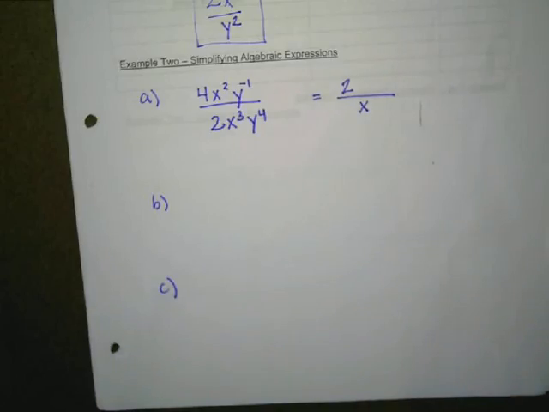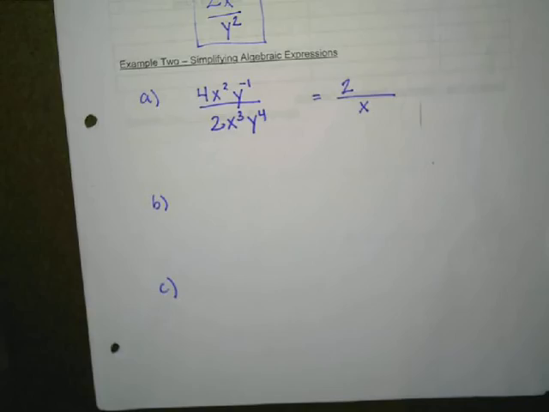and then y to the negative 1 over y to the 4th. Now this one you can do a couple of different ways. You're still technically dividing two things with the same base, so you can subtract the exponent. You always want to subtract the lesser exponent from the greater, so that you have positive. So like here we subtracted 2 from the 3 to get x to the first. So what's 4 minus a negative 1? 5. Good, because if you subtract a negative, you end up adding.